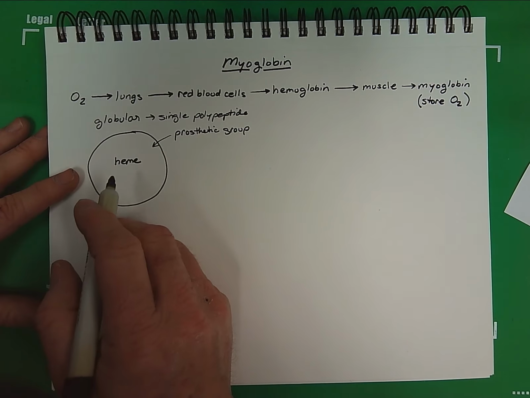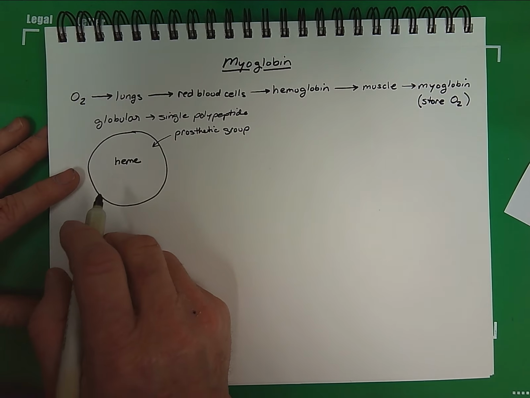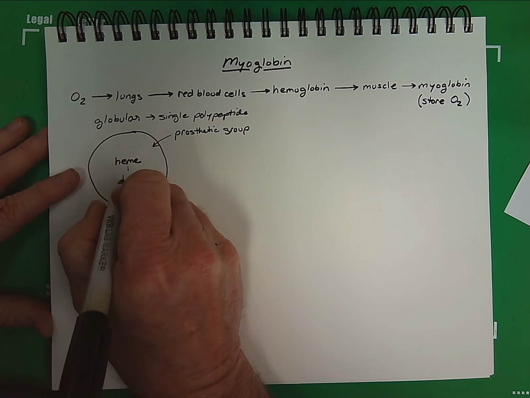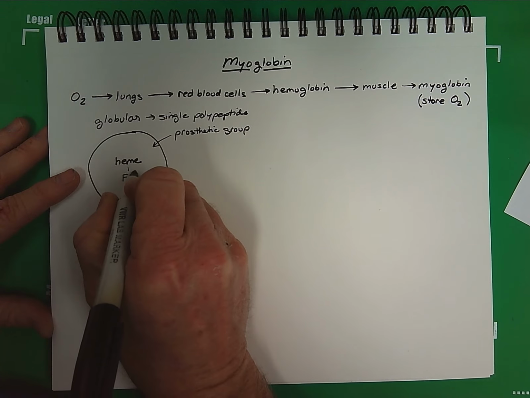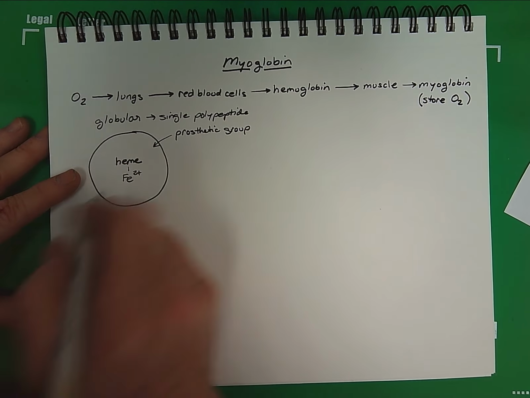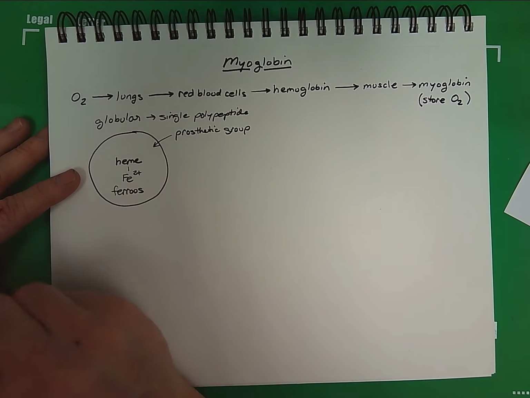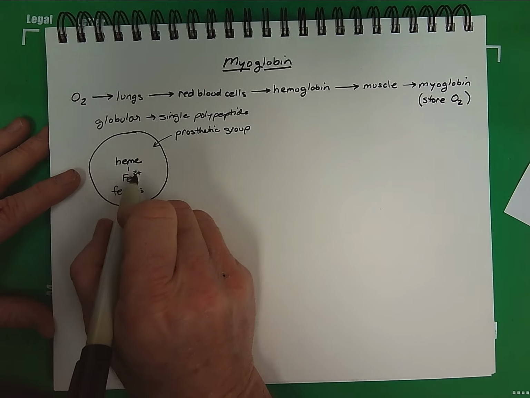The heme is a specific structure we'll take a look at in a second, and this is bound to the center of the myoglobin protein. Heme binds iron. And this particular iron is in a 2+ state. Recall that iron can be either in a 2+ reduced state or an oxidized 3+ state.